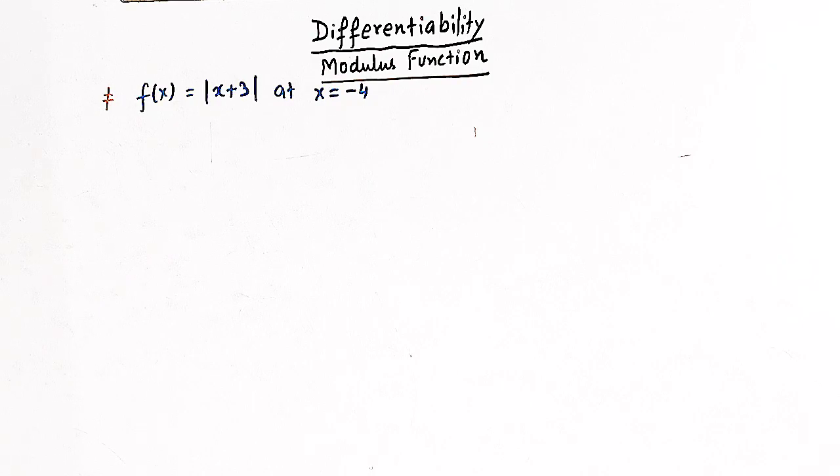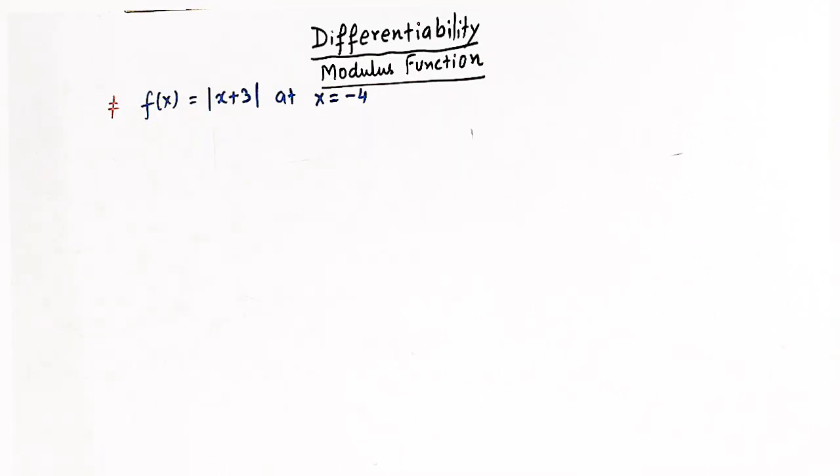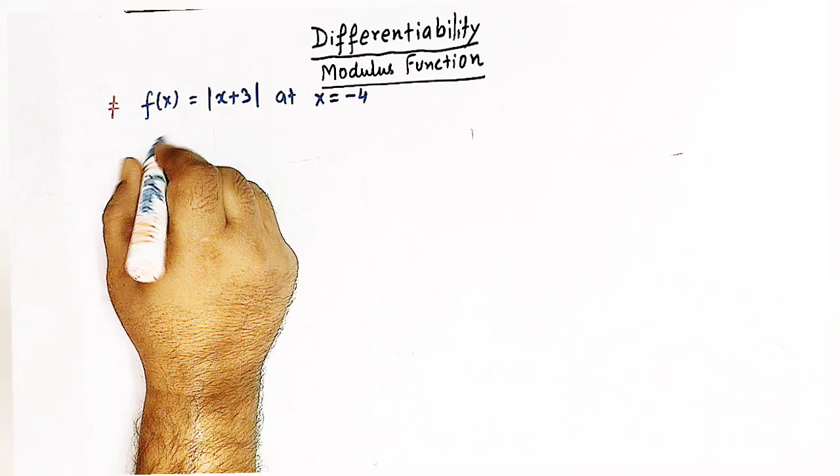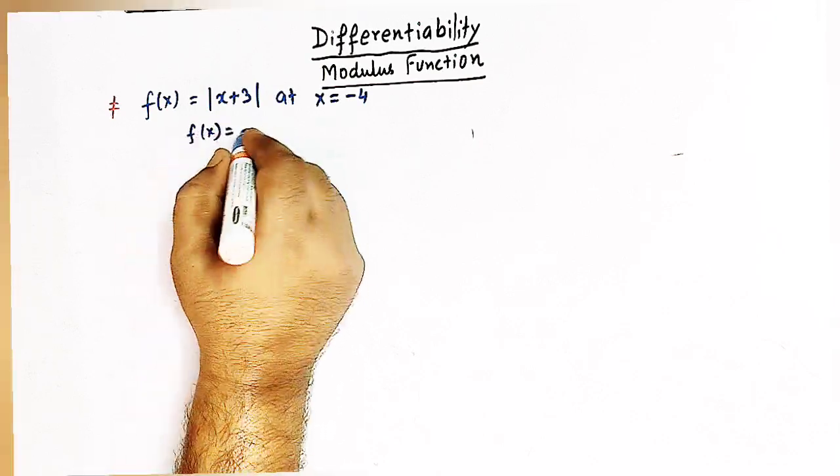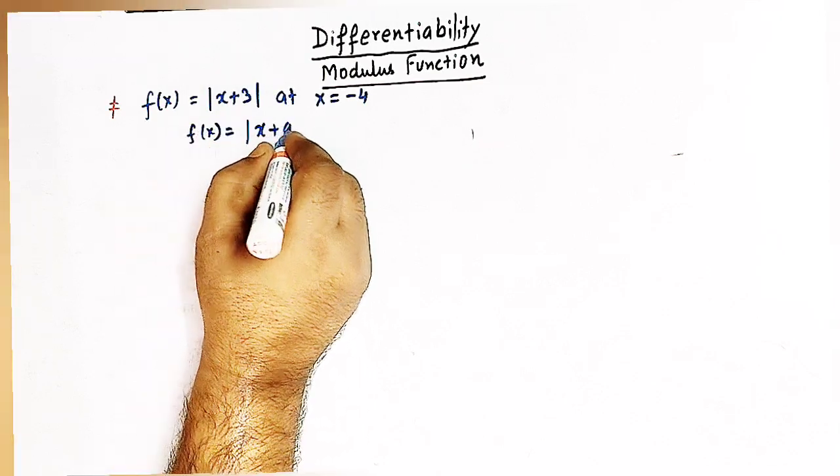Now, see, the modulus function is a continuous function for all real numbers, but it is not a differentiable function. Suppose we have a modulus function of this type, say f of x is equal to mod of x plus a.